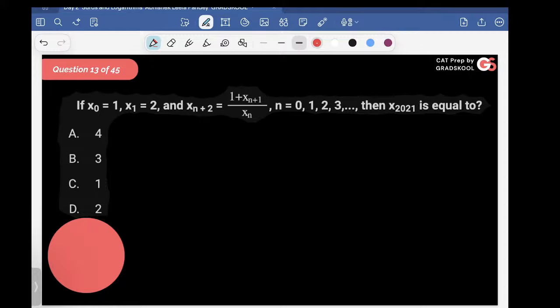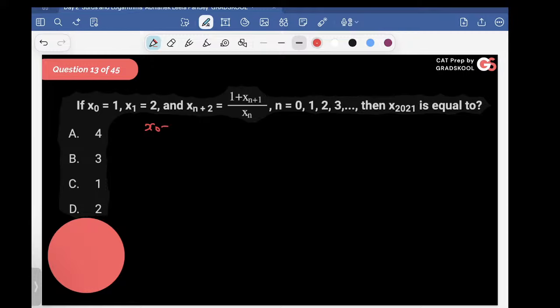x0 is given as 1, x1 is 2. And there's the value of xn plus 2. We need to find the value of x of 2021. Okay, so let me do that directly.